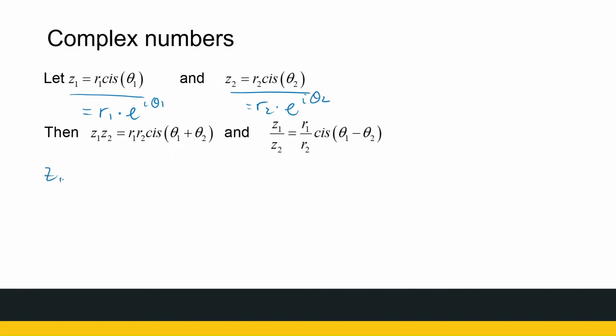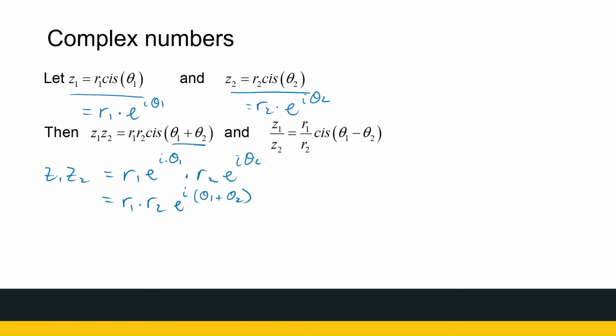So if I want to multiply z1 times z2, it's r1 e to the power i theta 1 times r2 e to the power i theta 2. Now that we know is r1 times r2, and we add the exponents, so it's e to the power i times theta 1 plus theta 2.